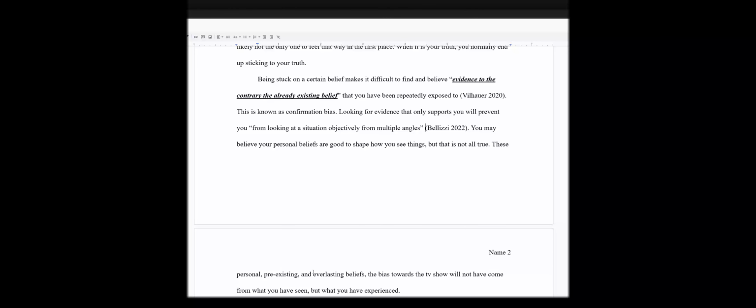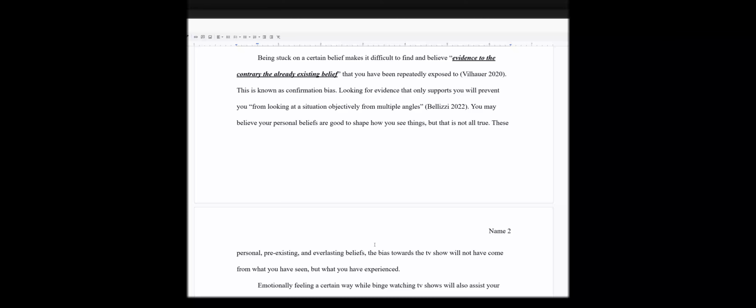These personal, pre-existing, and everlasting beliefs, the bias towards the TV show will not have come from what you have seen, but what you have experienced.